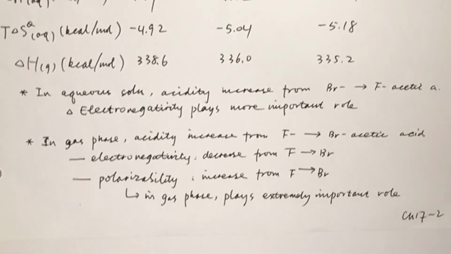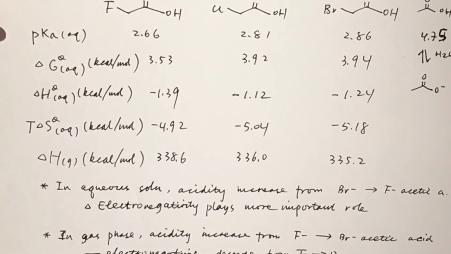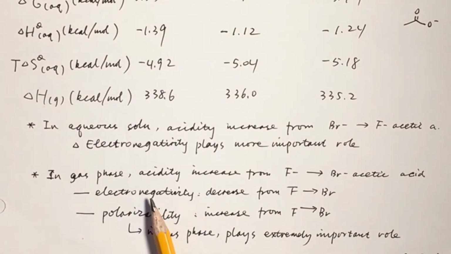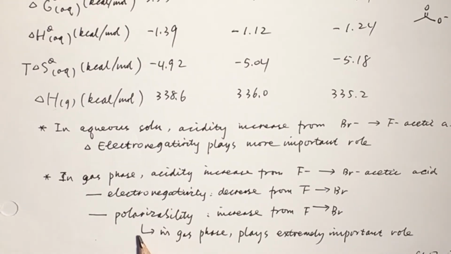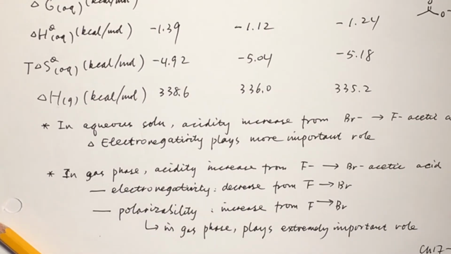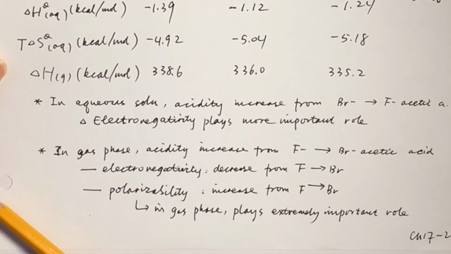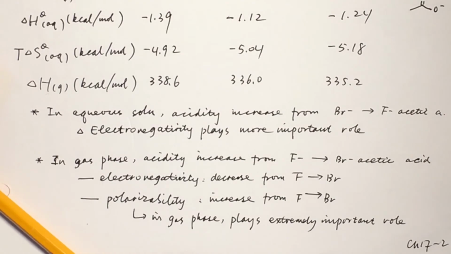The stability of the conjugate base is determined by two different factors. Not only the electronegativity anymore, but also the polarizability. When you move from fluorine to chlorine to bromine on the periodic table, from top to bottom, the polarizability increases. In gas phase, the electronegativity and polarizability both play a role.